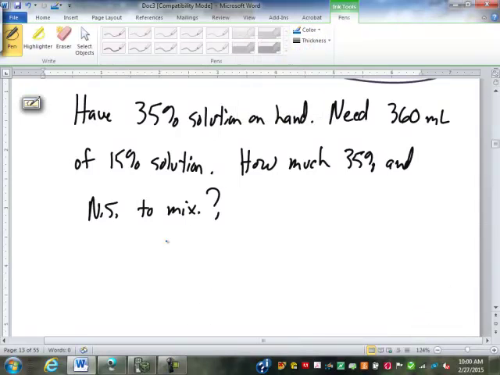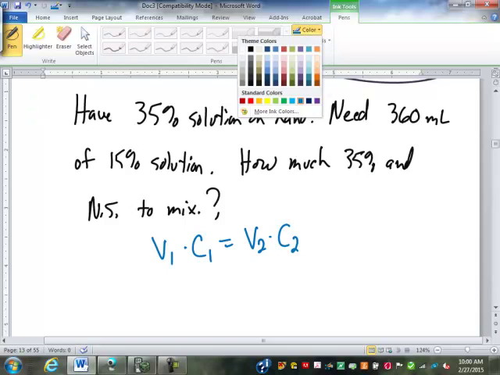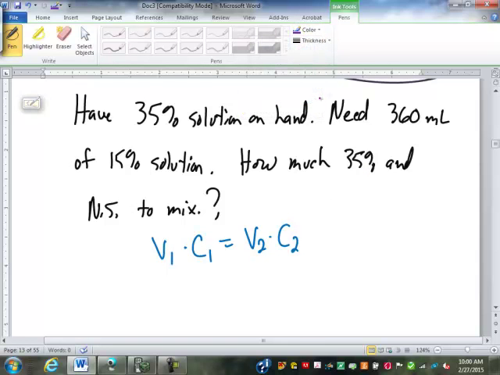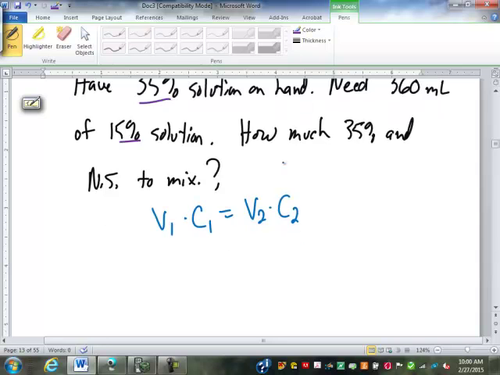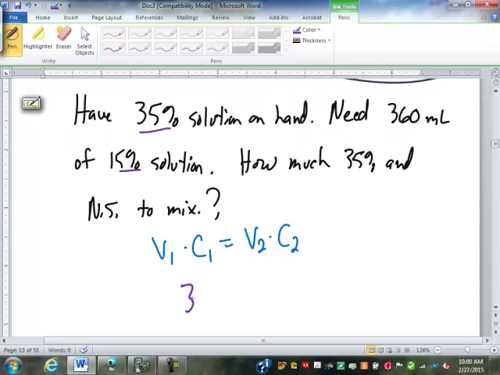So let's take a peek. Which percent do we want to choose to be C1? 35 or 15? Somebody yell one out. 35. That works for me. Do we know V1? Say no. Good.